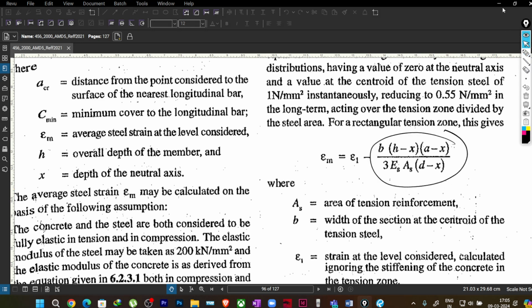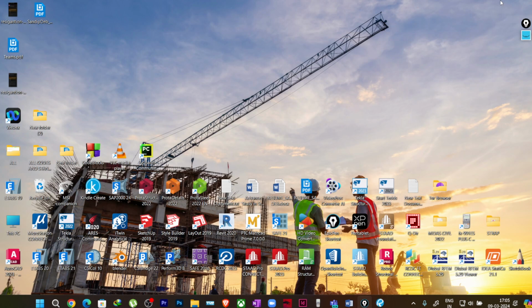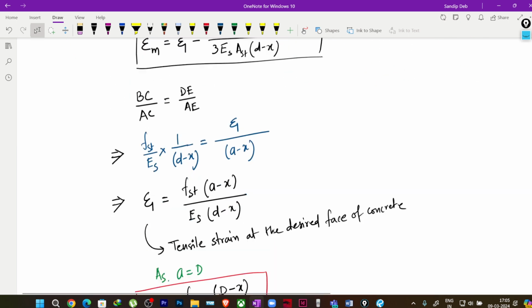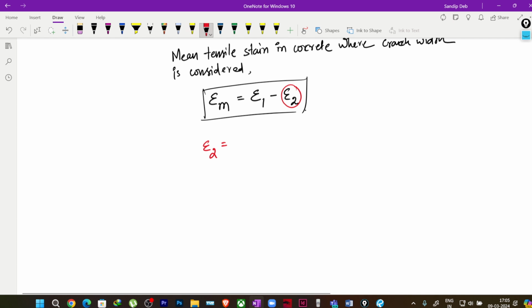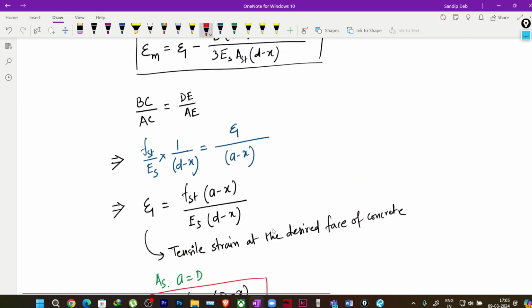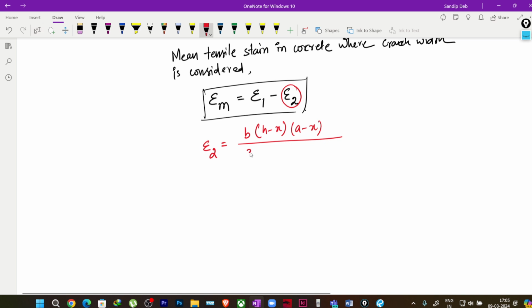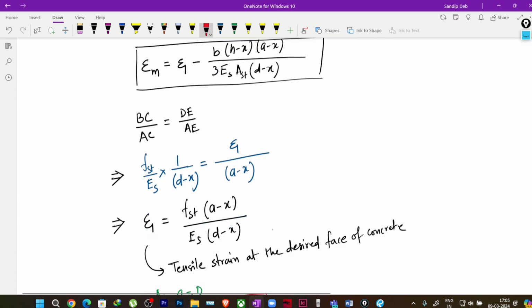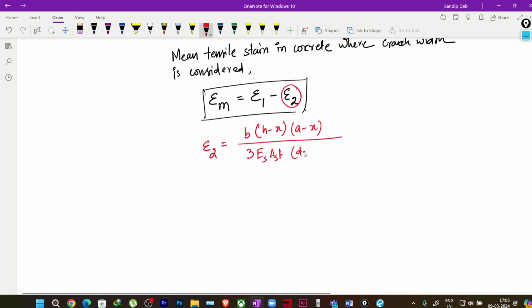If you see here, it is nothing but this particular area. So what is this? b into h minus x. We have already written the formula here. You can see b into (h minus x) into (a minus x), divided by 3 Es Ast (d minus x).